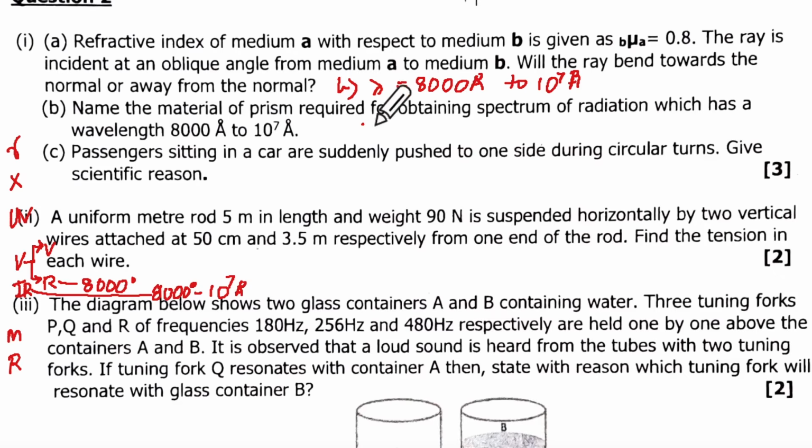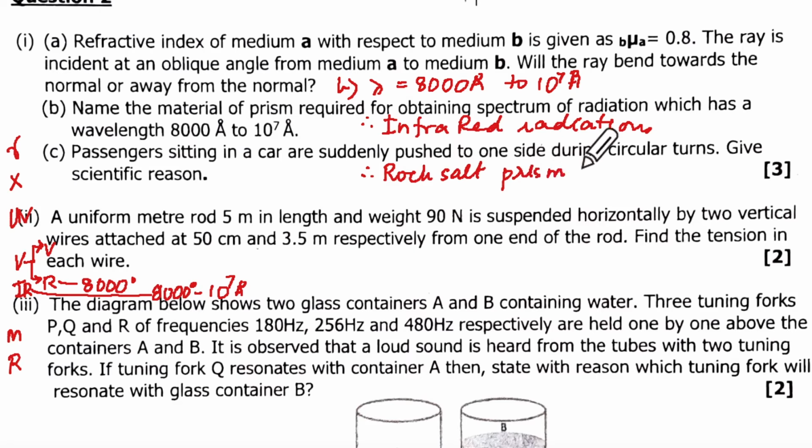So therefore they are infrared radiations. And this is your thinking step. So therefore which prism will it be? Is it rock salt or quartz? Rock salt. Therefore, a rock salt prism is required.